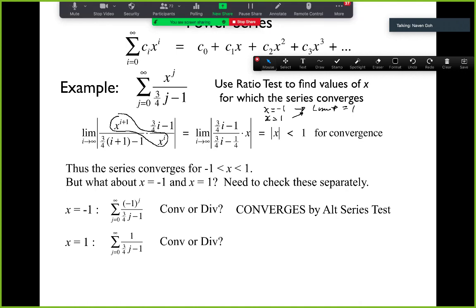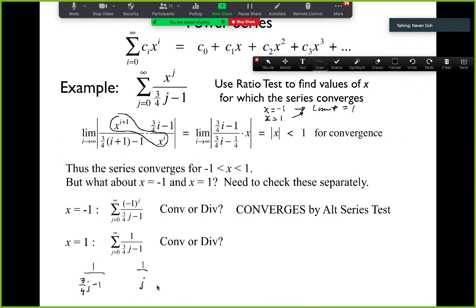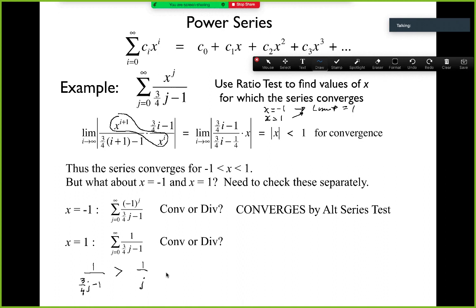I'm going to say diverge because it resembles a harmonic series in the sense that 3/4 j, if you bring out the 3/4 using algebra, is smaller than j, and then subtracting 1 makes it even smaller, so the terms get bigger than they would in a harmonic series, so I think it would diverge.